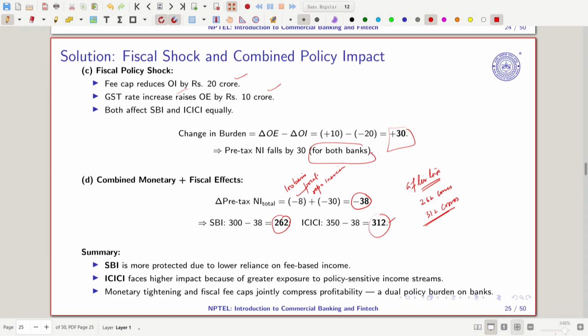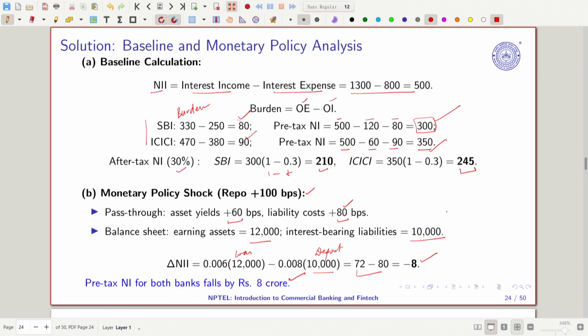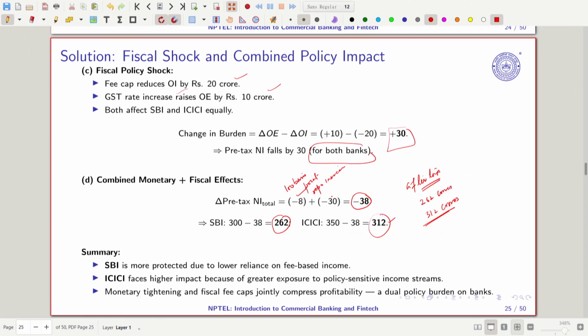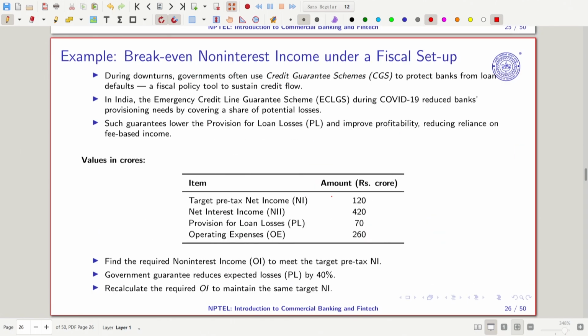This part is very interesting, that in this case, as compared to last time, the 50 basis point increase on the asset side was 50, and on the liability side was just 30. This situation has been reversed, just to understand the case. I hope it is easier for all of you to understand this case.